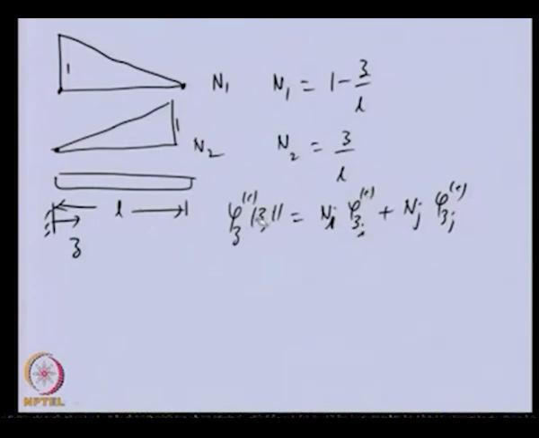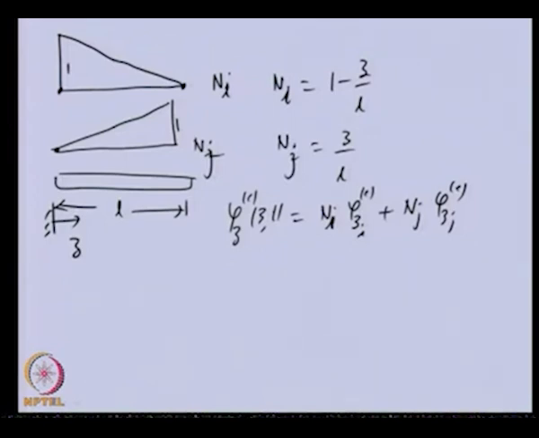If z is L, this will be 0, this will be 1, so we get the field variable at the jth node. But if we put z in between, then it will interpolate the field variable from these nodal displacements, and we can get the field variable, or the angular displacement, at any other location. So basically all these corresponding to the I and jth node were there in the previous case also.